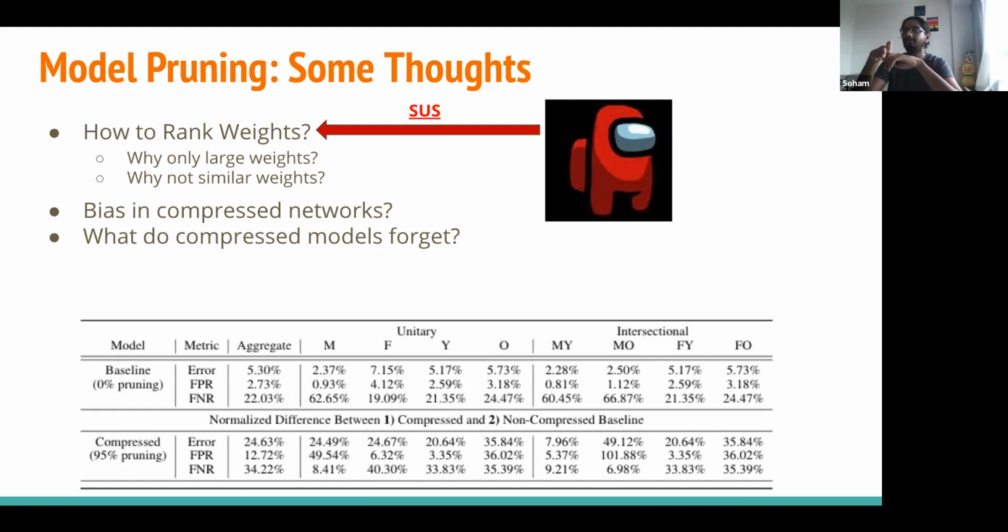But that doesn't make sense to me, because if you have a high activation coming in to a very small weight, then the output of that will be large as well, right? And by pruning that small weight, you are also preventing that high activation from flowing forward anyways.